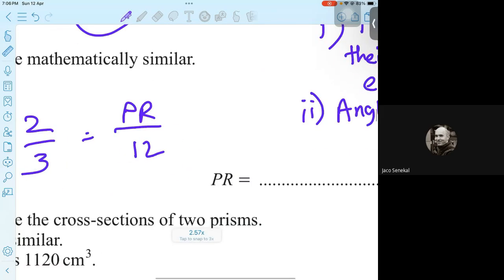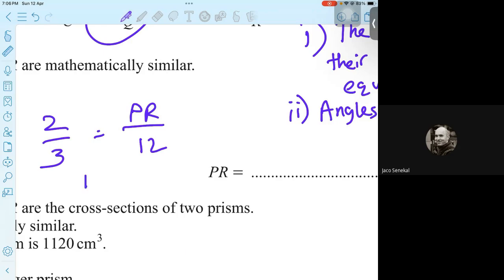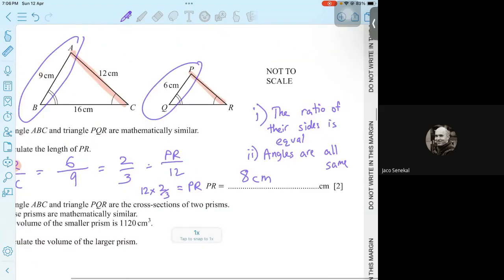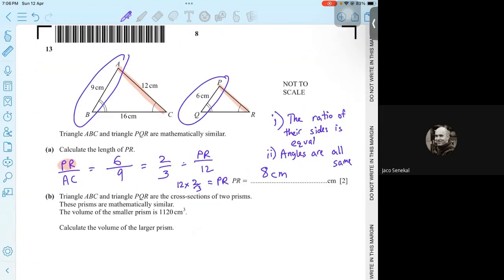Now I can just take my 12 to the other side. I get 2 over 3 times 12 equals PR. Any questions? So my answer should be 8 centimeters, right? I hope you all get this. You just compare the sides and you should get the answer for any one side that is not given already. Okay? So I hope you can move on.